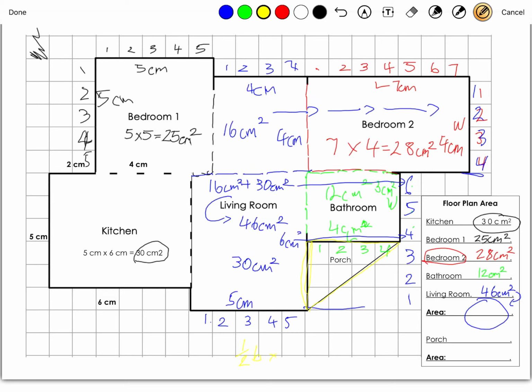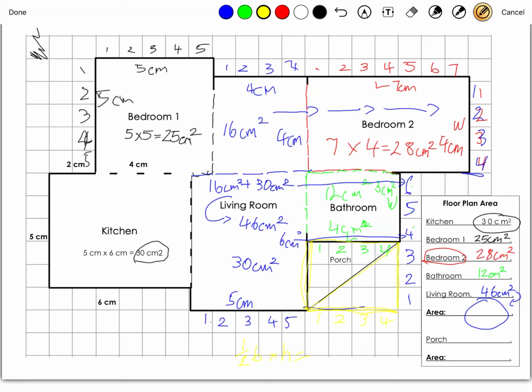Now, there's 2 ways we could do this. We can use a rule, which is half base times height, which equals a triangle's area. Or we could draw the rest of the shape as a rectangle. So we could finish the shape because this line is going halfway through that shape.